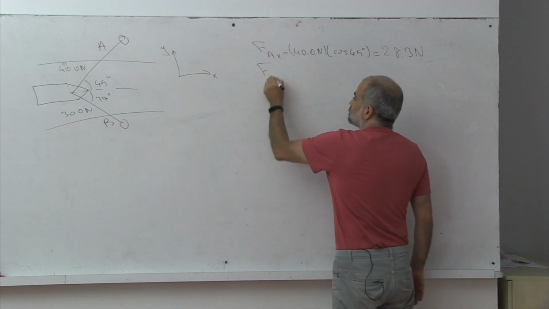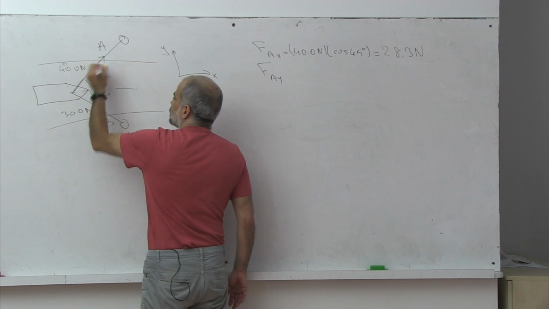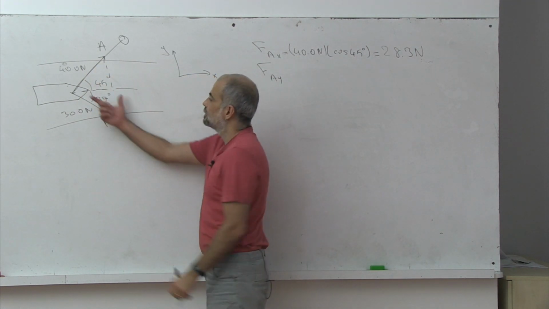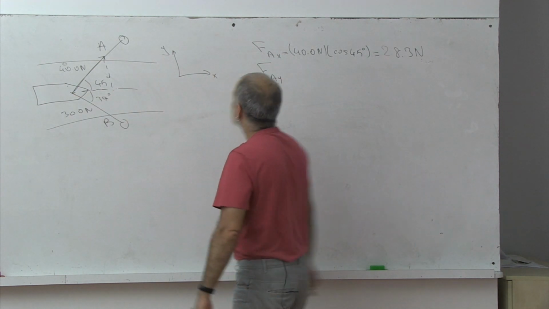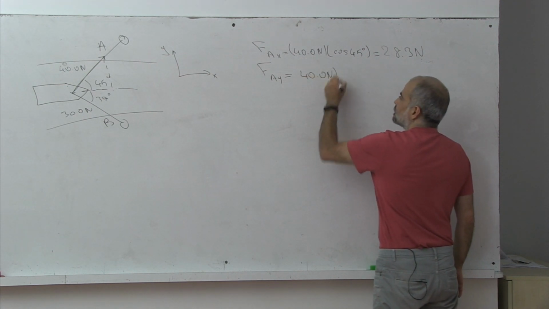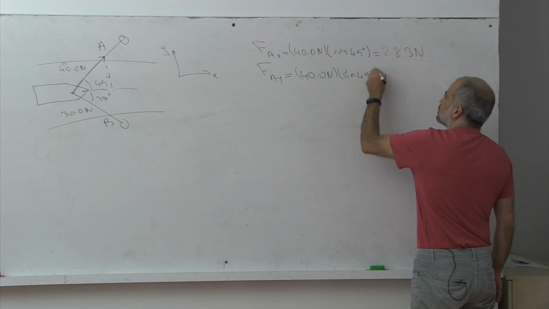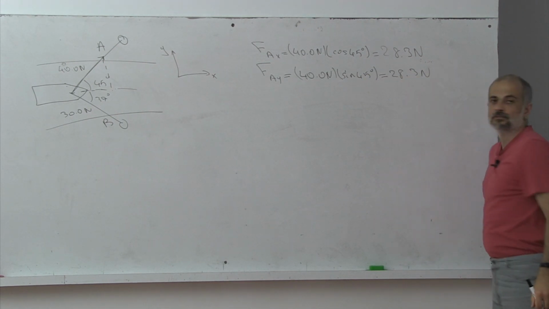The y component, well, we consider this triangle. This length is the x component, this length gives us the y component. The y component would be 40 newtons times sine of 45 degrees, which will also be 28.3 newtons.